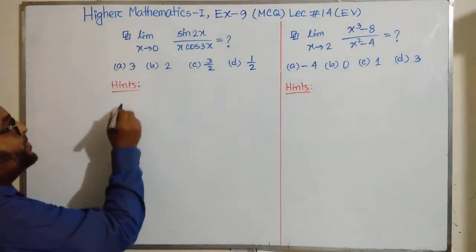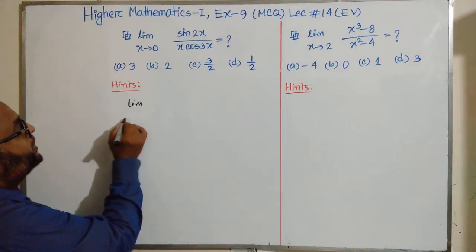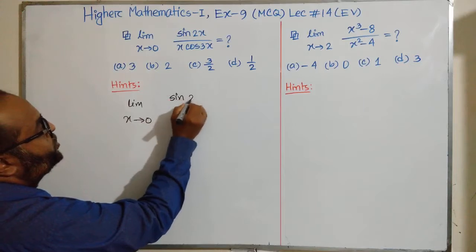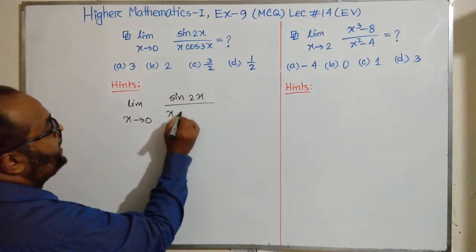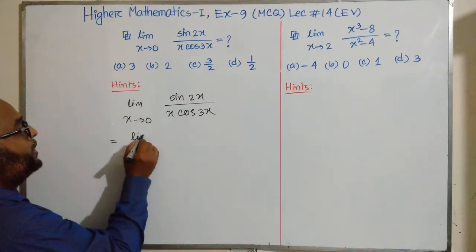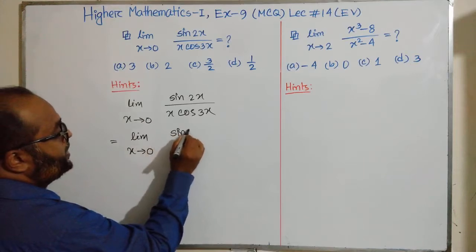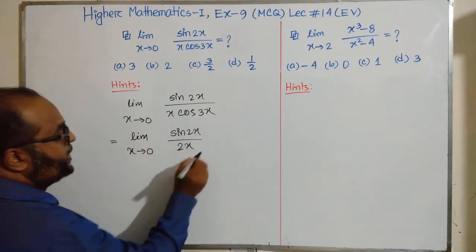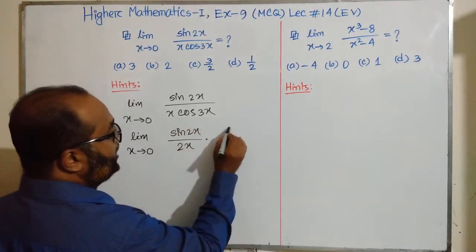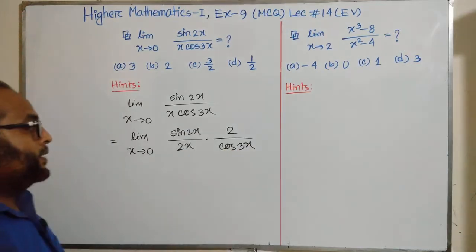Here hints of this solution is limit x tends to 0 sin twice x divided by x cos thrice x. This equal limit x tends to 0 sin twice x divided by twice x into, here 2 is extra, we can write 2 divided by cos thrice x.